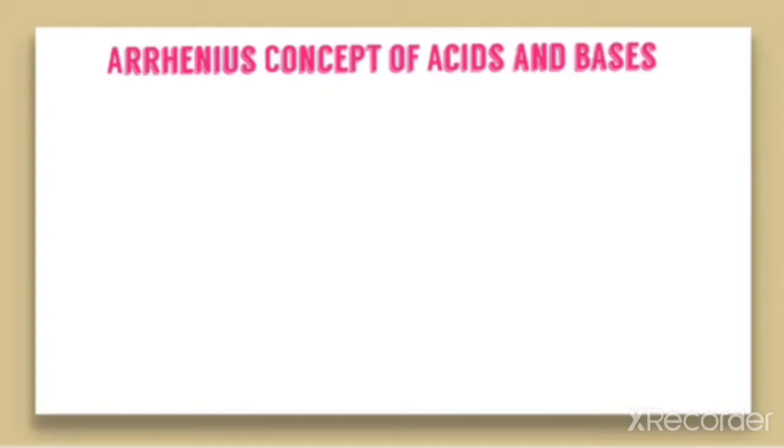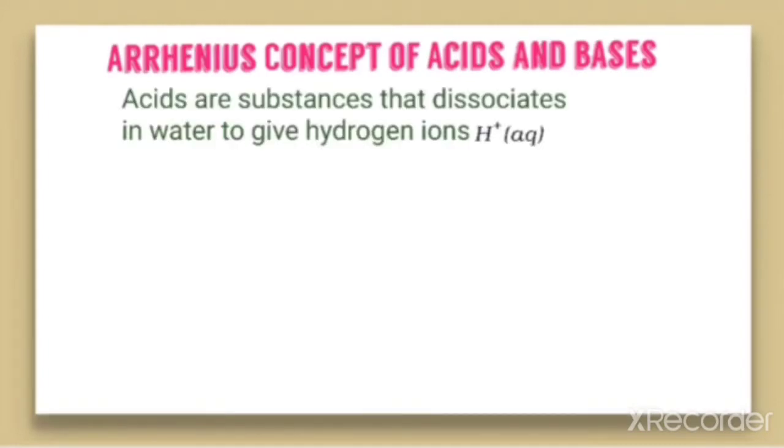According to the Arrhenius concept, acids are the substances that dissociate in water to give hydrogen ions, that is H plus ions. That means acids are substances that, in the aqueous condition, dissociate to give rise to H plus ions.